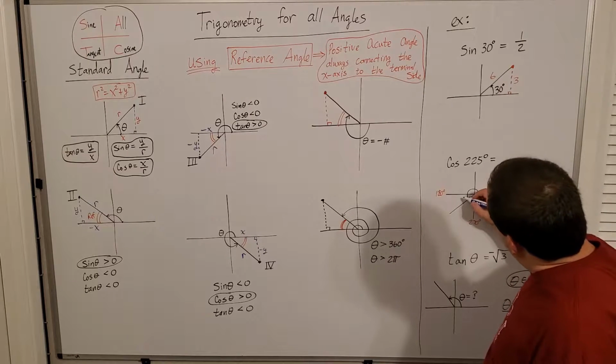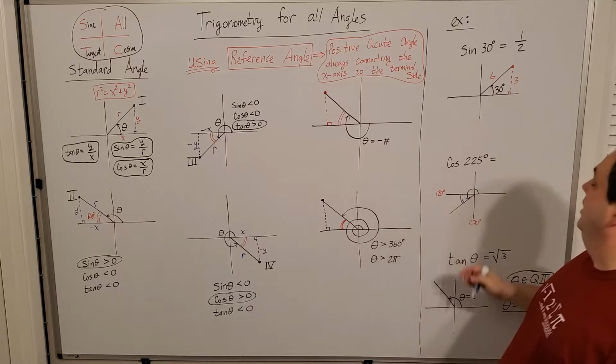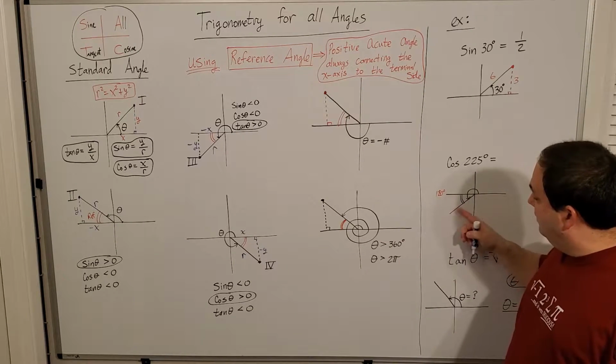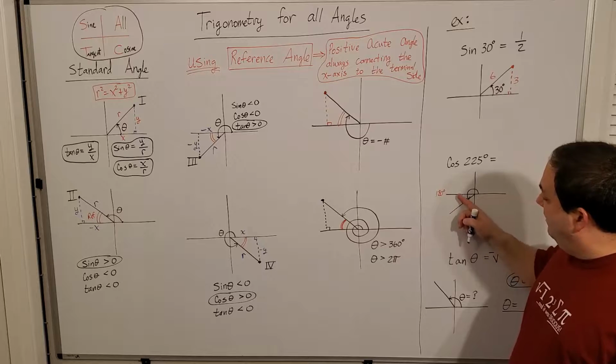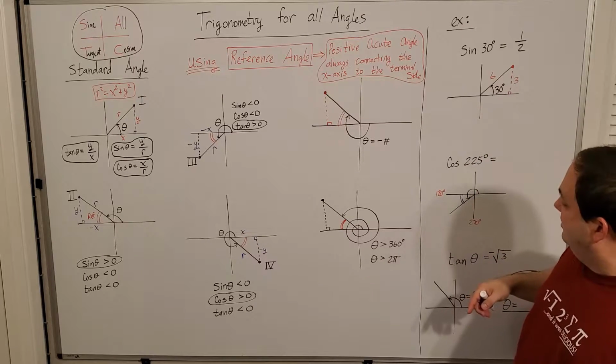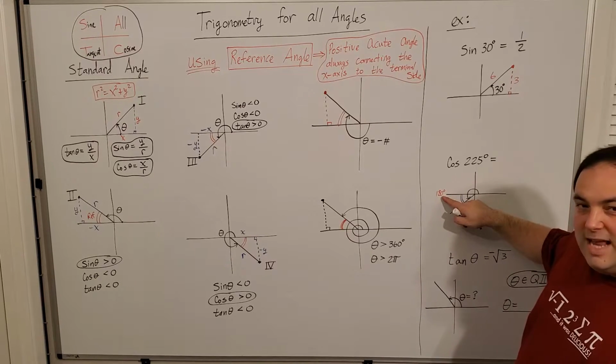All right. I need to know a reference angle if I can. Well, notice if I just draw my reference angle right here, it's got to be the amount of rotation between the terminal side and the x-axis. Well, I've gone past the x-axis. So this is 225 and this is 180.